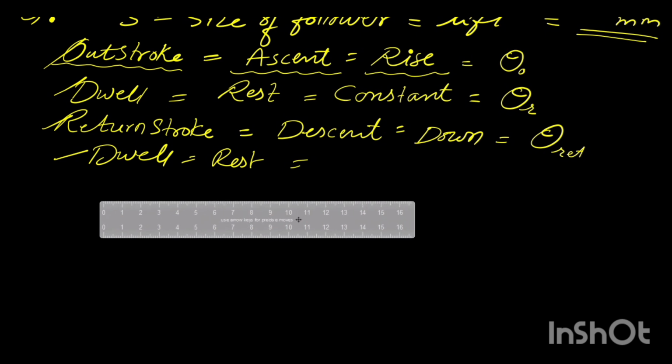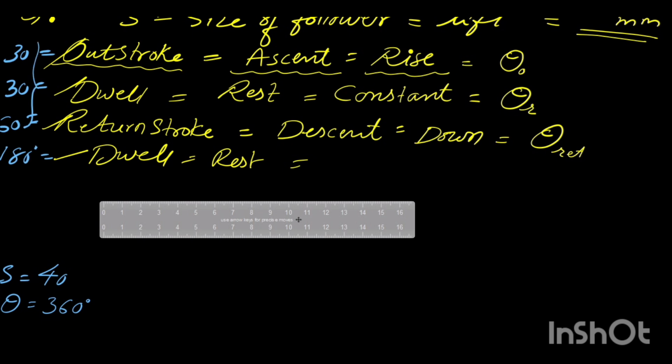The total cam rotation angle theta is 360 degrees, and in that, the outstroke is 30 degrees, the dwell is given for 30 degrees, and the return stroke is 60 degrees, and the remaining is dwell. Adding these three, we get 180, so the remaining dwell is 180 degrees. Adding all of these you have to get 360 degrees.